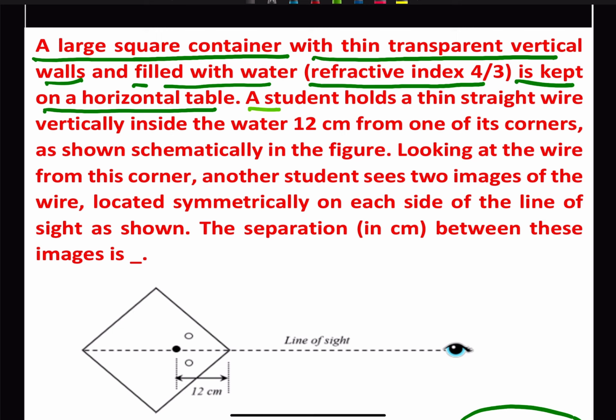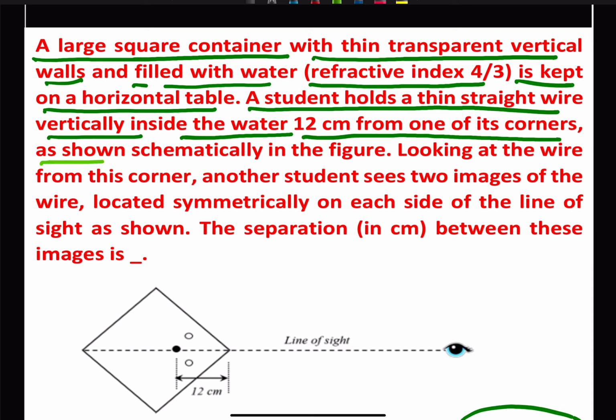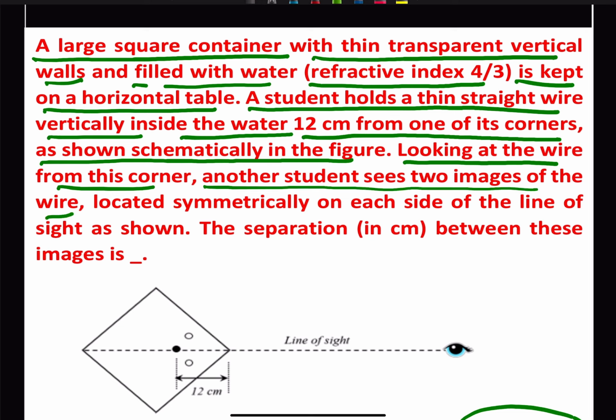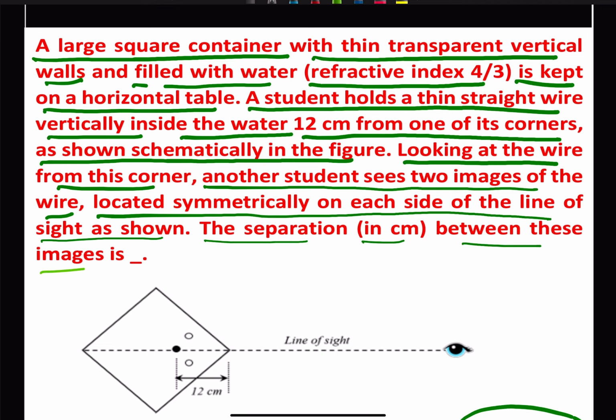A student holds a thin straight wire vertically inside the water 12 cm from one of its corners, as shown schematically in the figure. Looking at the wire from this corner, another student sees two images of the wire located symmetrically on each side of the line of sight as shown. The separation in centimeter between the images is.